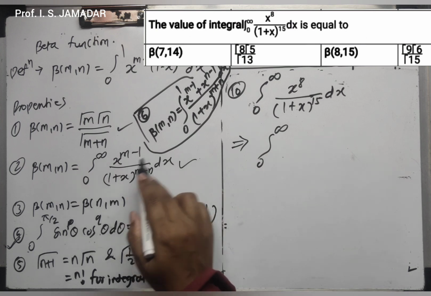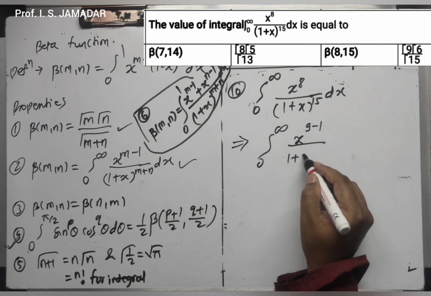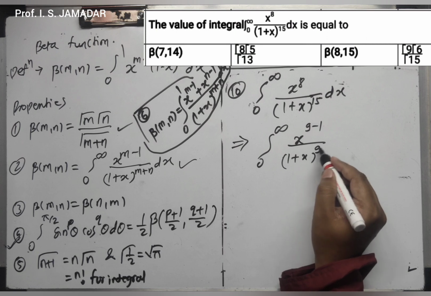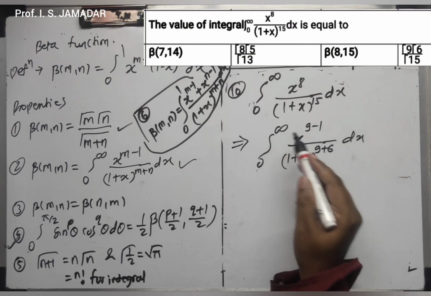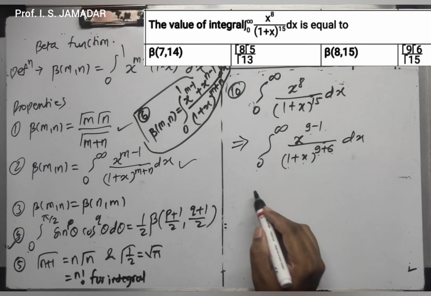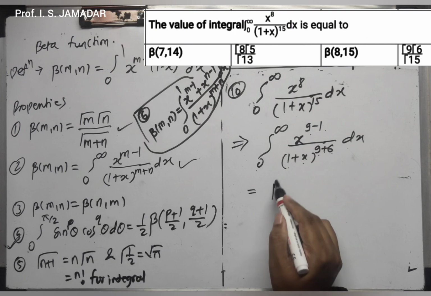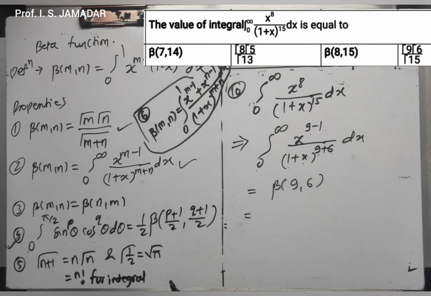So 0 to infinity x raised to m minus 1, where 8 we can write as 9 minus 1, upon (1 plus x) raised to 15, which we can write as 9 plus 6, dx. So it is in the form of integration 0 to infinity x raised to m minus 1 upon (1 plus x) raised to m plus n, that is beta of 9, 6.